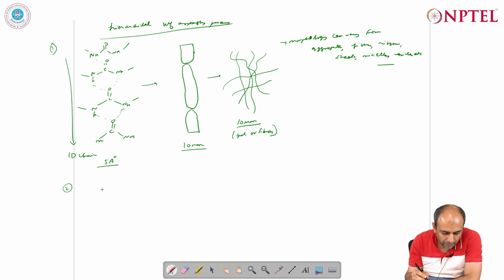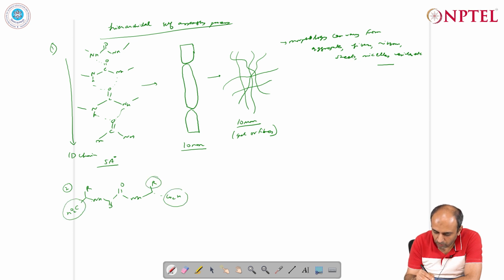The second one can be where you have this CO NH moiety, CO NH CO. So what has been proposed is that you have the polar parts, and you also have the non-polar parts.